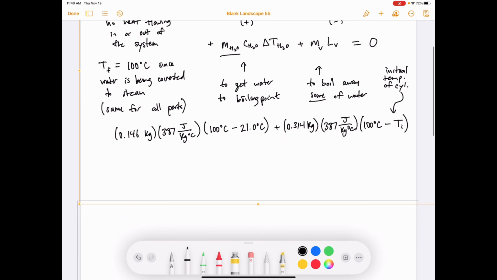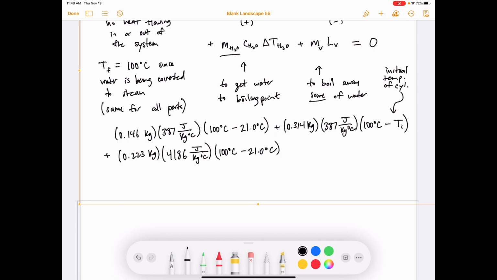Okay, next. We have the mass of the water, which is 223 grams, or 0.223 kilograms, times the specific heat of liquid water, which is 4,186 joules per kilogram degree Celsius. And the water ends up at 100 degrees Celsius, starting off at 21.0 degrees Celsius. So that's our delta T, 100 minus 21 degrees Celsius.